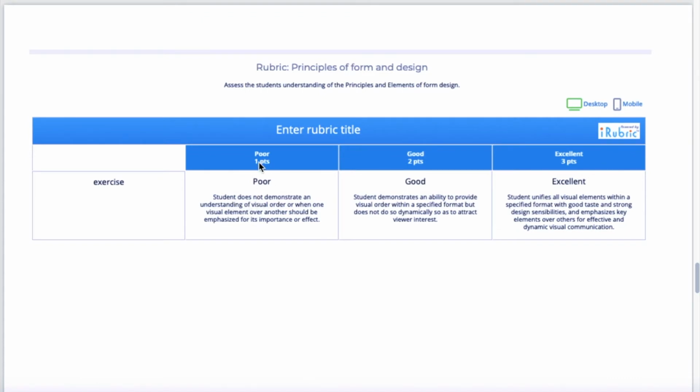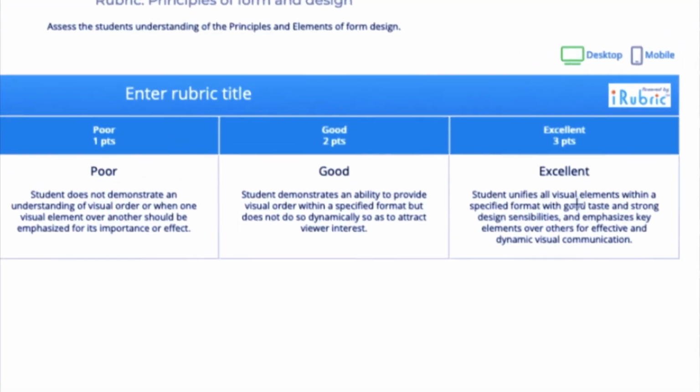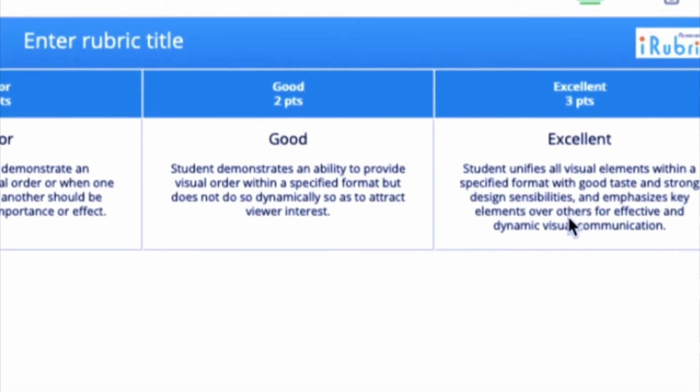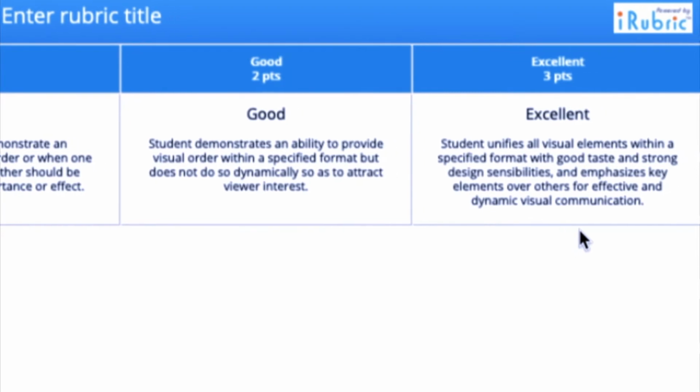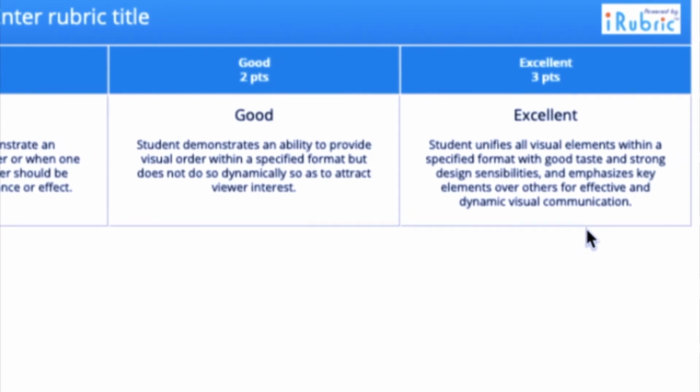Here is your rubric. Okay. Poor: student does not demonstrate an understanding of visual order or when one visual element over another should be emphasized for its importance or effect. If you do this assignment exactly as it is, you will not be poor. You will be excellent: student unifies all visual elements within a specified format with good taste and strong design sensibilities, and emphasizes key elements over others for effective and dynamic visual communication.